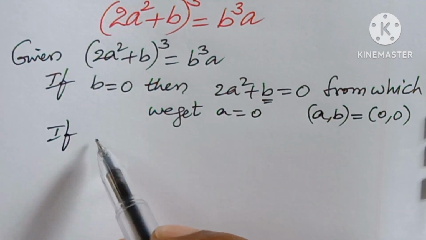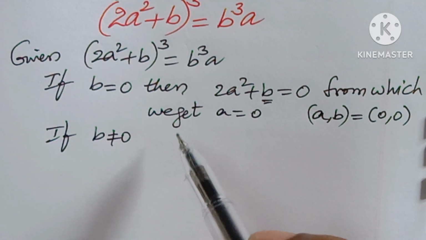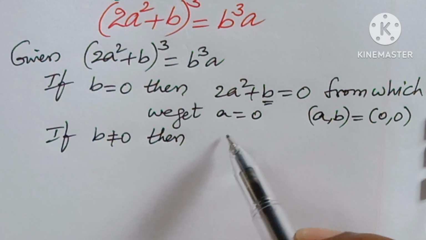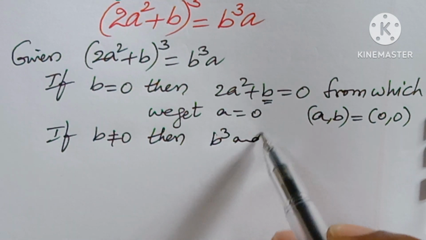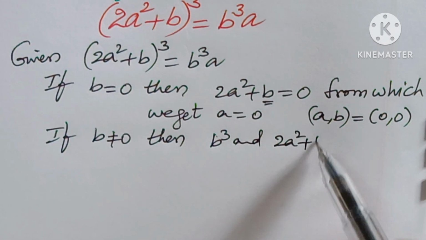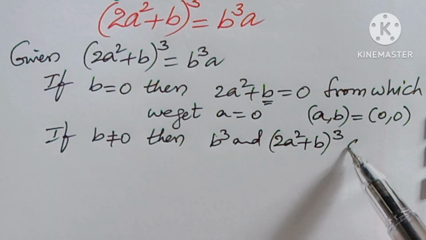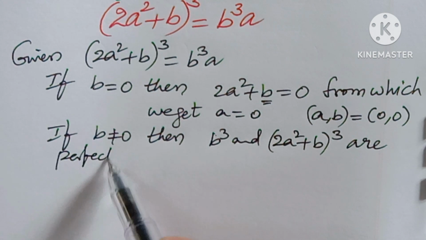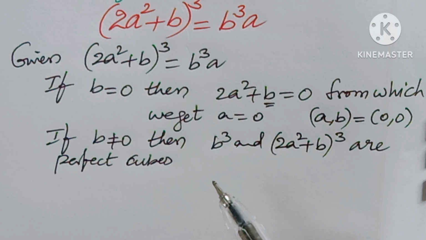Now if b is not equal to 0, then the LHS (2a² + b)³ and the RHS b³a are perfect cubes.